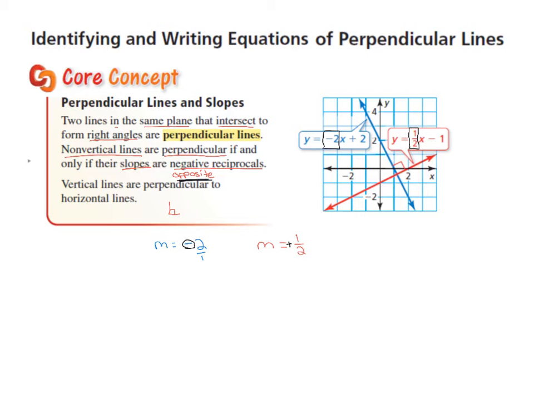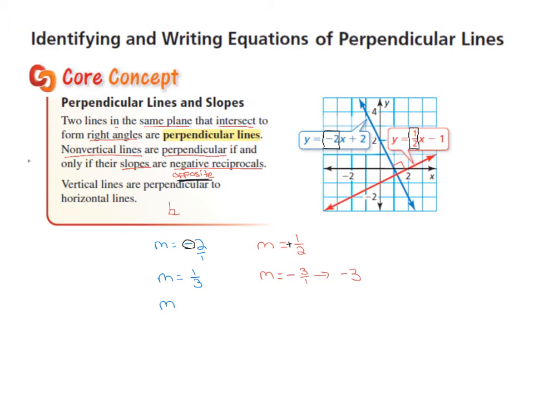If my original slope was +1/3, my perpendicular slope would be negative instead of positive. I take 1/3 and flip it upside down and get 3/1, and then I reduce that. 3/1 is just the same as -3.